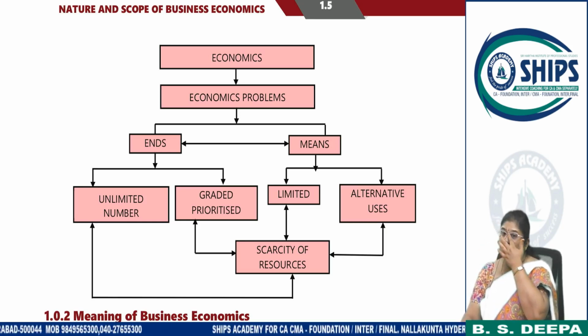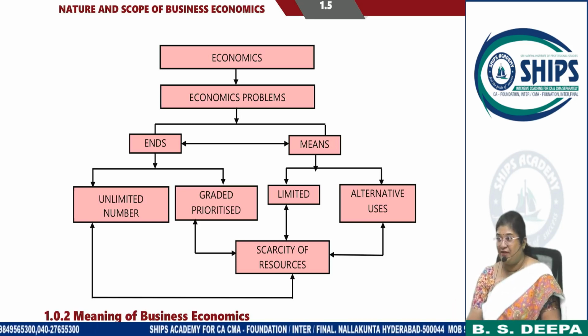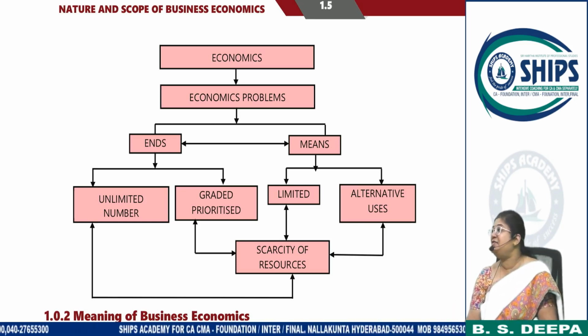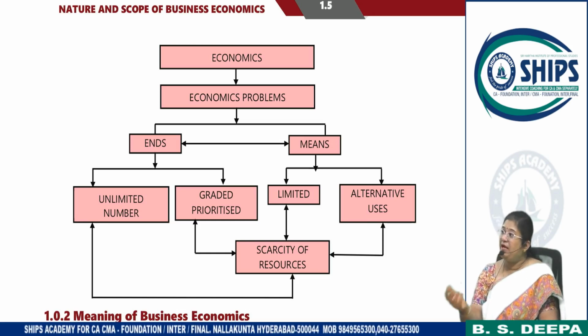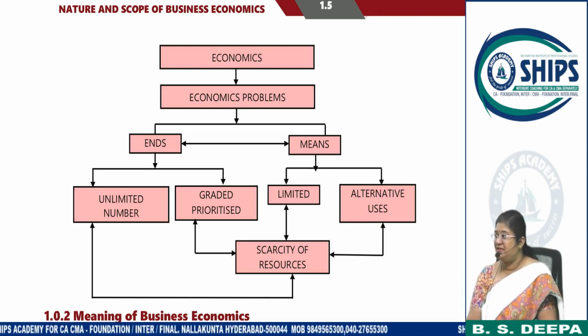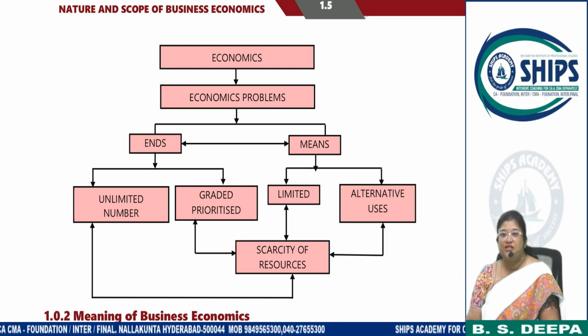Correct? Because we don't have an unlimited amount of money in our hands to satisfy everything. That is the reason why these resources have alternative uses. See, for example, this building can be used for several purposes, isn't it? So if you take this particular building or land as a resource, it has alternative uses.